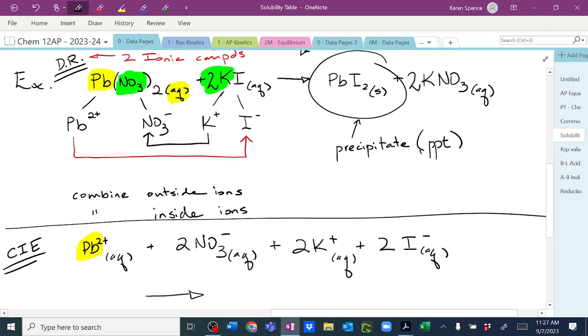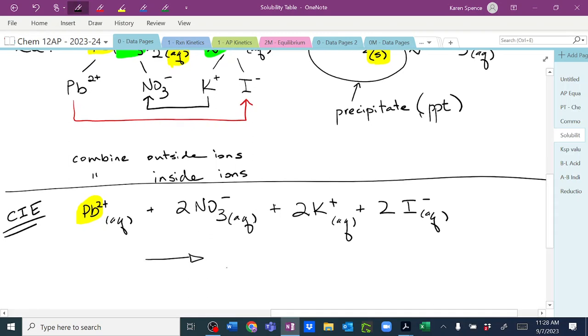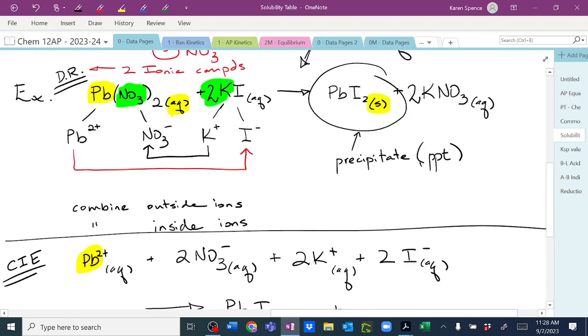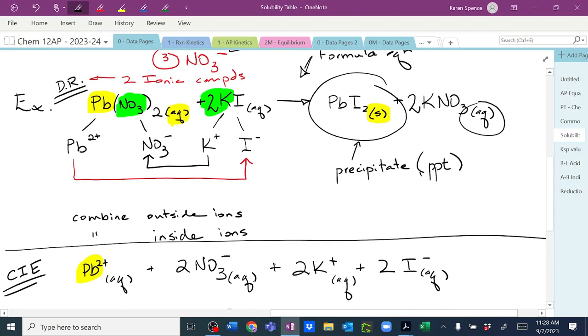Okay, so now our products. What do I do with my solid? I keep them together. Solids stay together. Okay, so we have our solid PbI2, solid plus, and what do I do with my aqueous? Separate. So aqueous come apart, solids stay together.